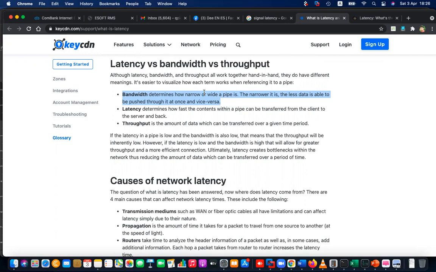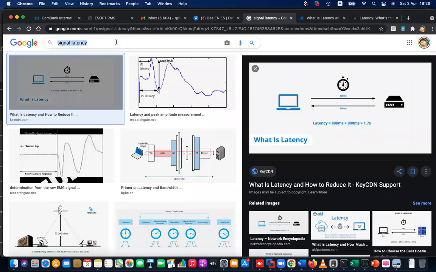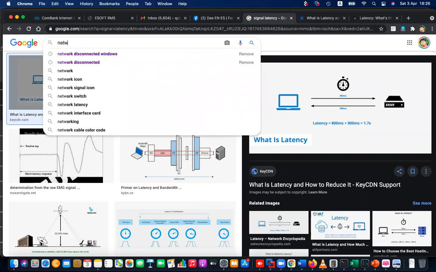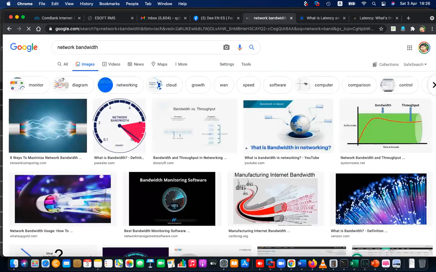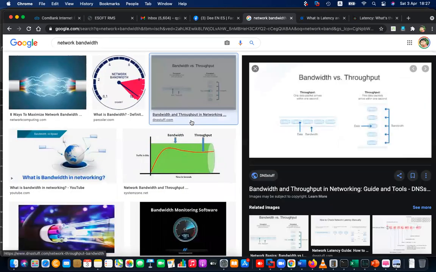So it's not complete. Network bandwidth, on the other hand, means the gap between the highest and lowest frequency.